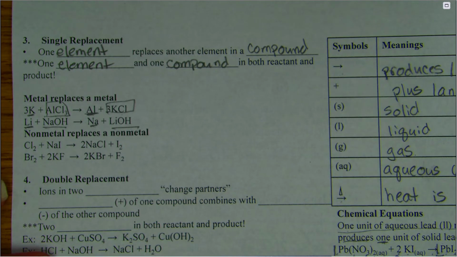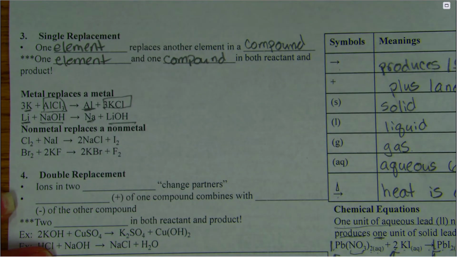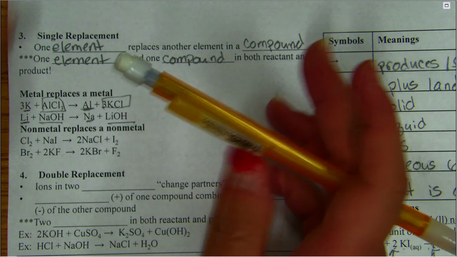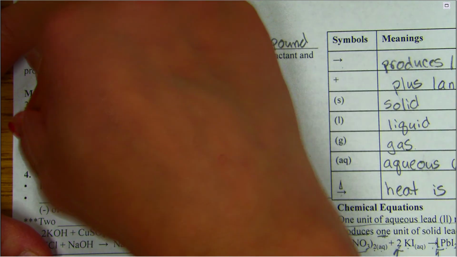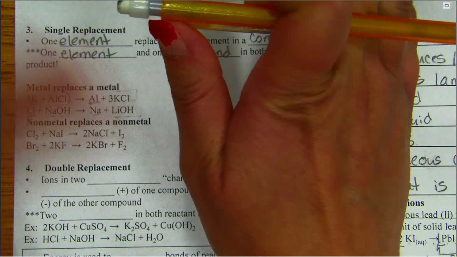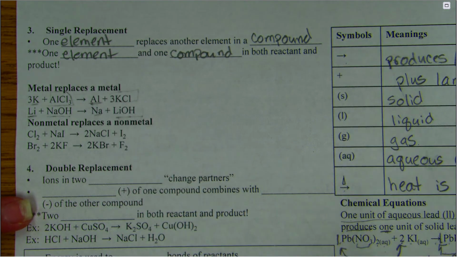Now, we have two types of single replacements. A metal can replace a metal, or a non-metal can replace a non-metal. A metal will never replace a non-metal, and a non-metal will never replace a metal. Okay, so it's just metal replaces metal, non-metal replaces non-metal.